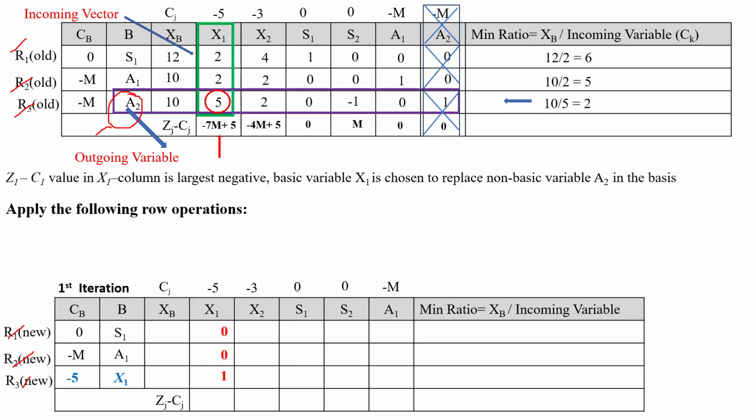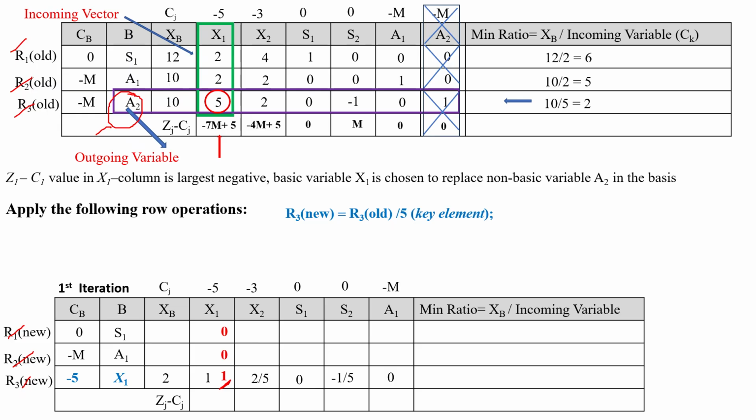So in the X1 column, here this is the key element position. Here we have to get the value 1. Remaining element should be the 0. In this regard, we have to follow the row operations. So first row operation is the R3 new equal to R3 old divided by 5.